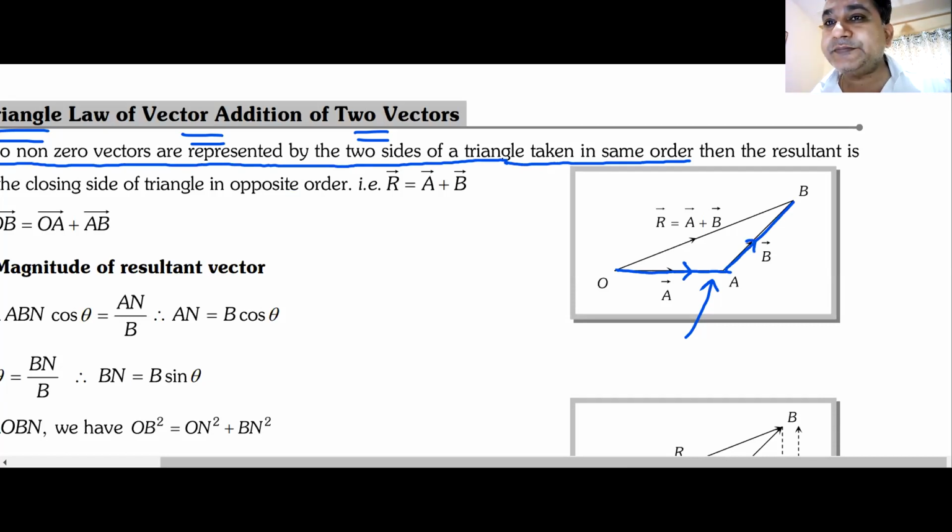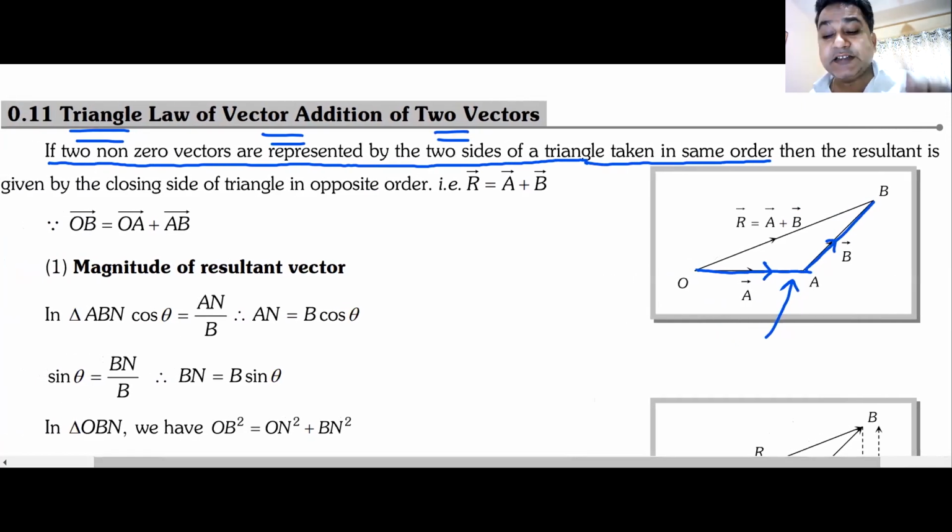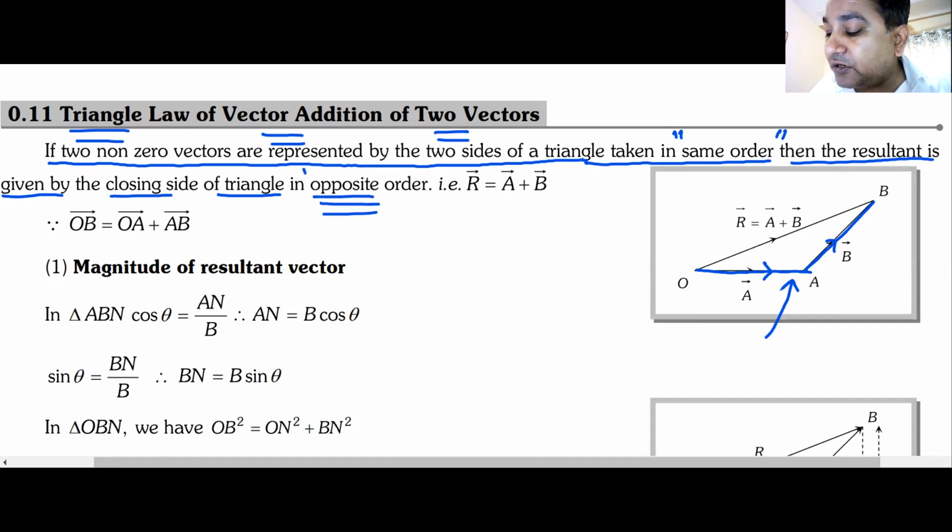This vector law states that if two vectors represent two sides of a triangle in one order, in one direction, OA and AB, then the resultant is given by the closing side, the side which completes the triangle, but in opposite order.